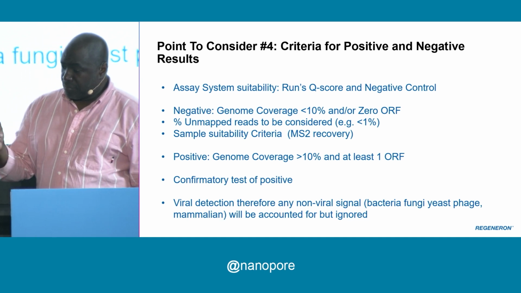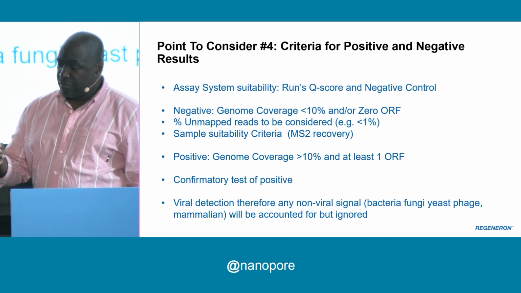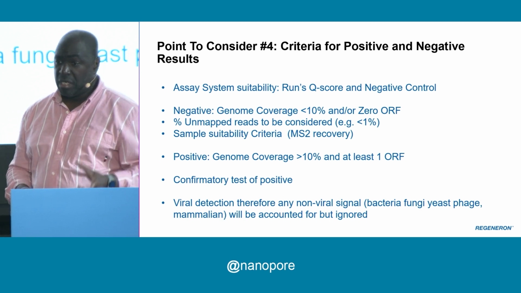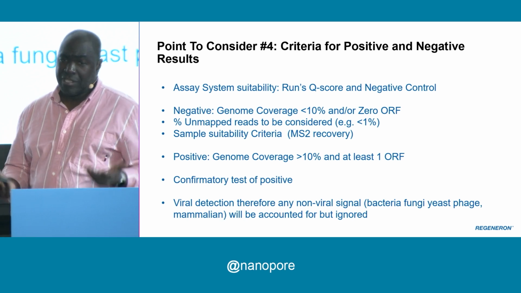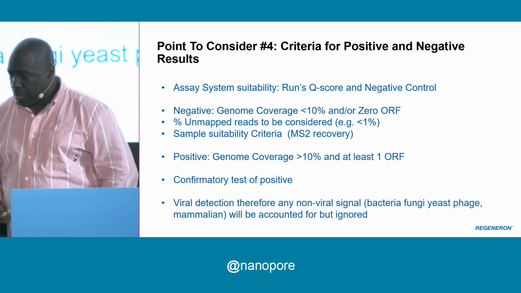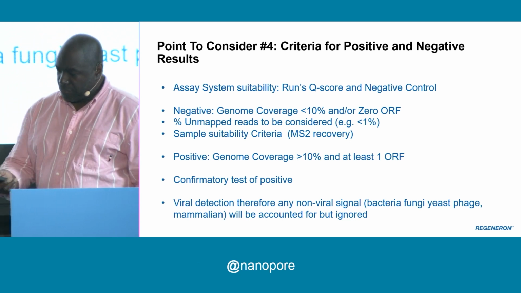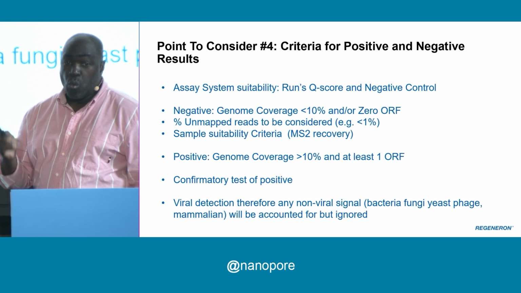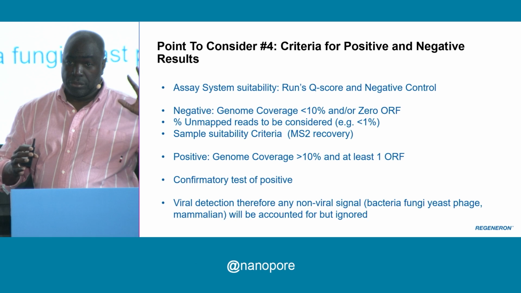And then for being negative, we're also requiring 0 ORF. So we have a sequence, but no ORF. We know it's like a piece of genome somewhere. And for sample suitability, for the unmapped reads, we want to have less than 1% unmapped reads of the total.